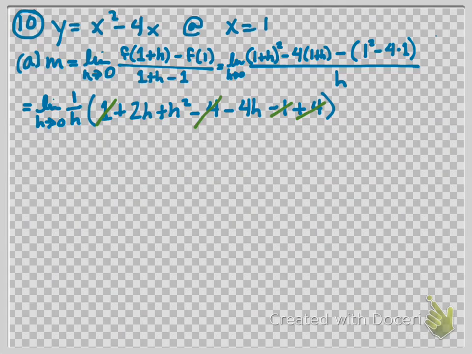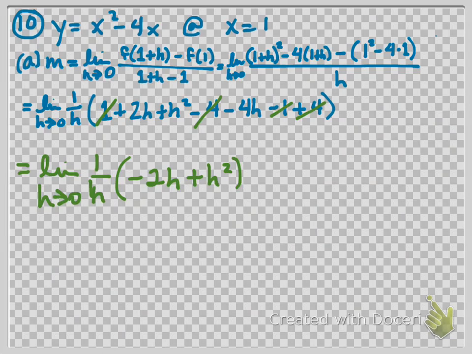And now what do you notice that all of the terms that are left now have in common? They have h's. Okay, that's vital. So we have the limit as h approaches 0 of 1 over h of, and then I have 2h minus 4h, so that's going to give me negative 2h plus h squared.